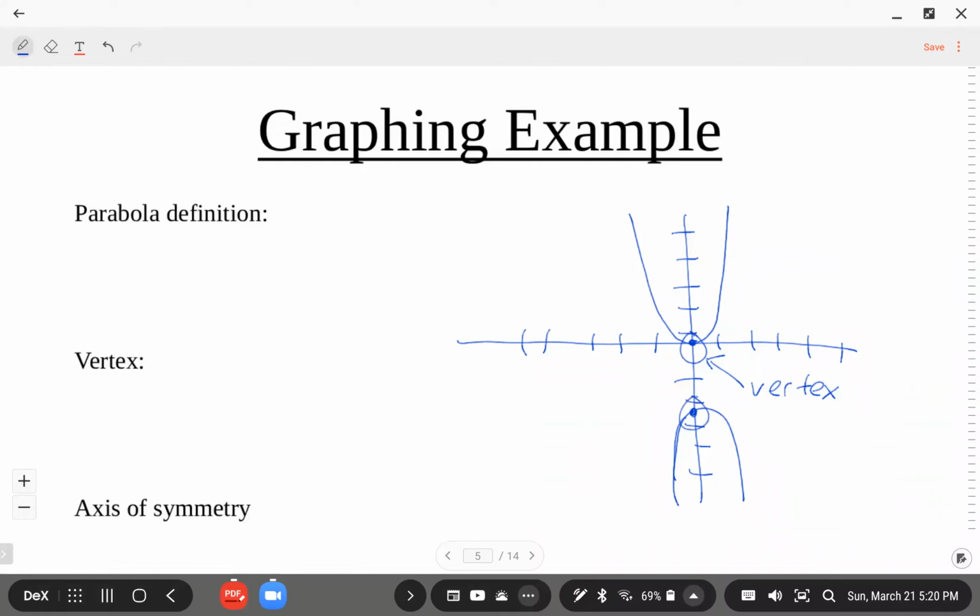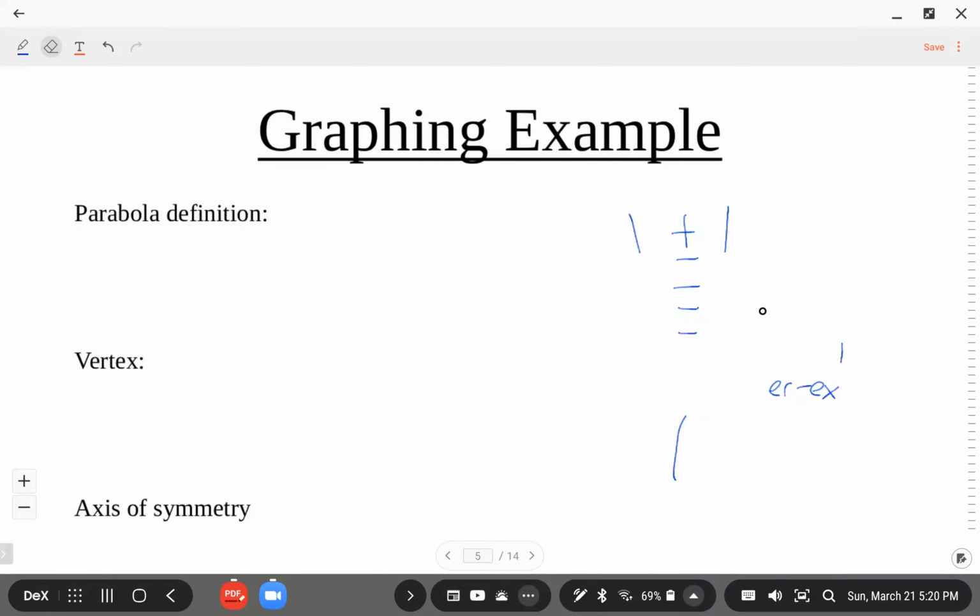And of course, we have our axis of symmetry, which, okay, let me just trace this graph real quick. Too messy. Let's draw another one, and let's say we have something right here, okay? And our axis of symmetry would be right here.